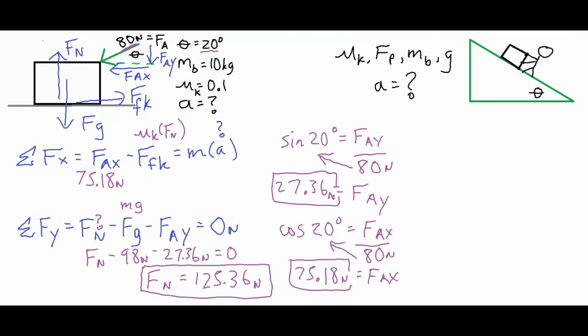If it was just sitting at rest, then our Fn would be equal to Fg, but since I have a little downward force shoving it into the ground along with the Fg, the Fn has to be able to counteract both of those, so that 125.36 is obviously bigger than my 98 from the Fg. All right, now going up to my top part, I have mu k, which is 0.1, the coefficient of kinetic friction, times my normal force.